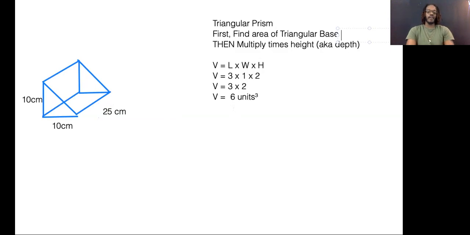So first we have a triangle base that has a height of 10 and a base of 10.